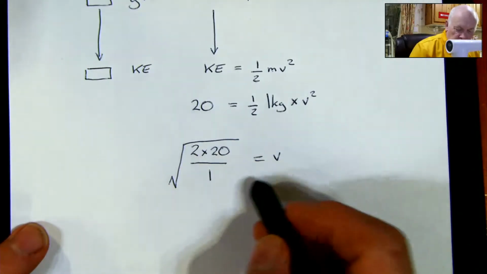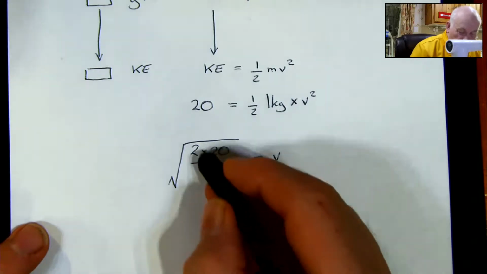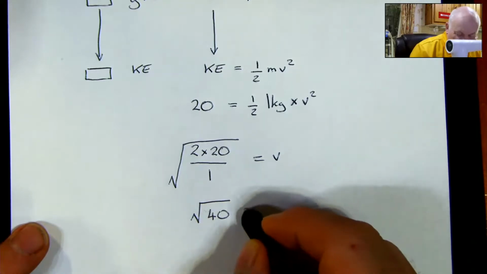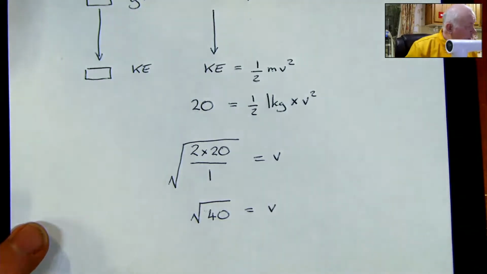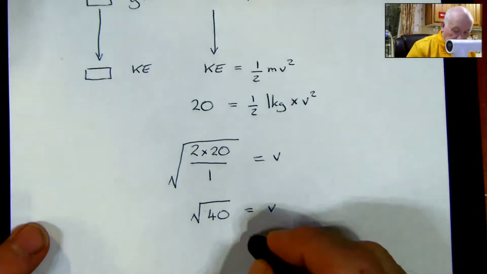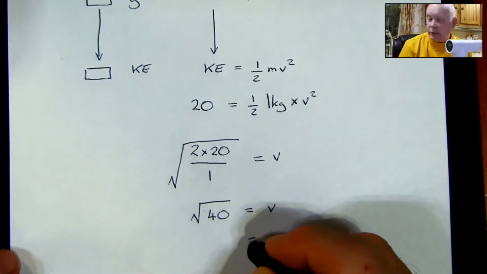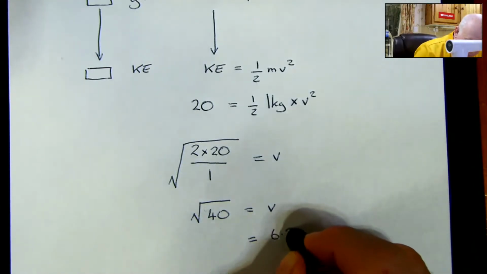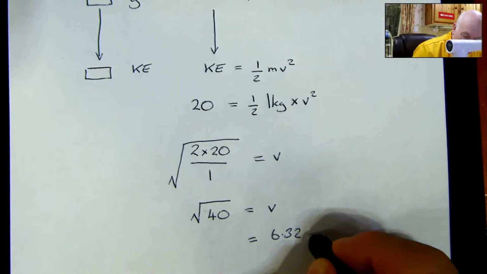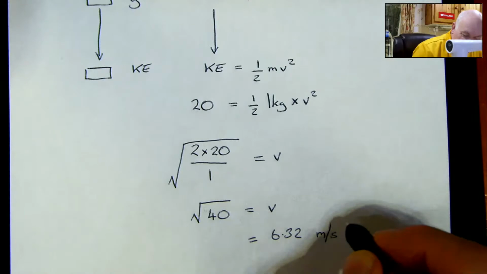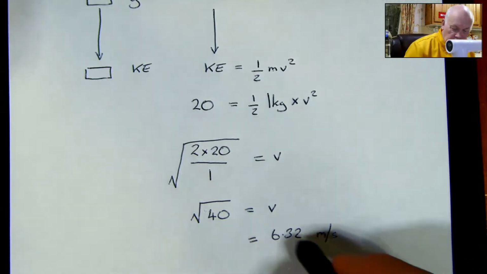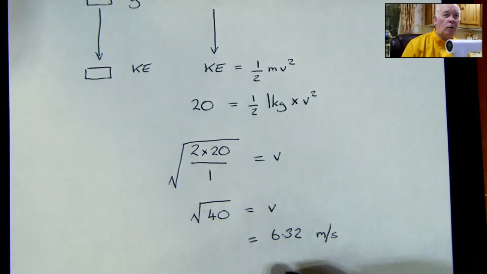So 2 times 20 is going to give me 40, over 1, which is going to give me 40, and we get the square root of 40 equals v, and if I do a little bit of a calculation, we can find out that the answer is going to be about 6.32 meters per second. So we can work out these calculations quite easily.